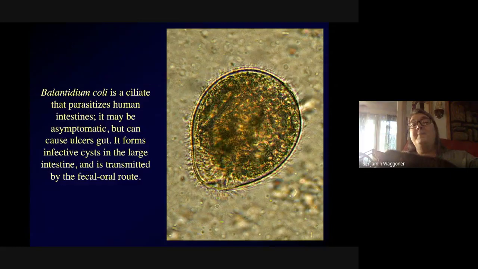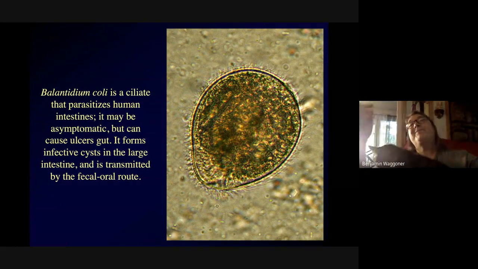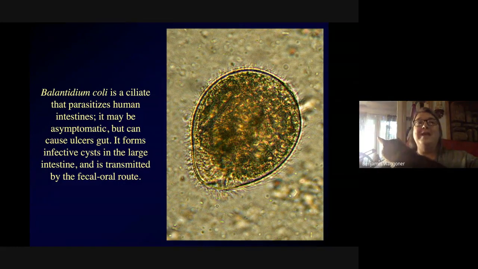There's at least one that parasitizes humans. This is Balantidium coli. It can cause gut ulcers, although mild infections may not have any symptoms at all. And it's transmitted by, again, this is a yucky word, the fecal oral route. The fecal oral route is when you get in your mouth something that's been contaminated with feces.